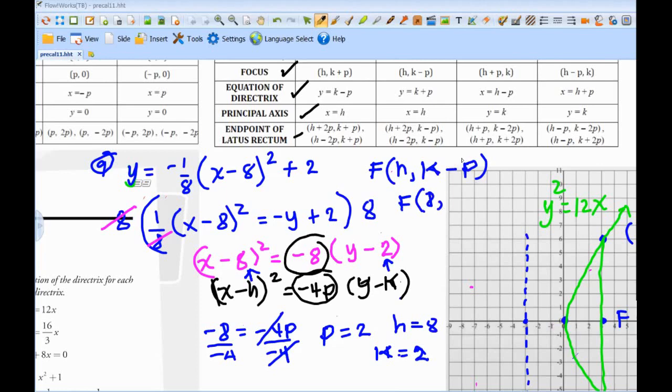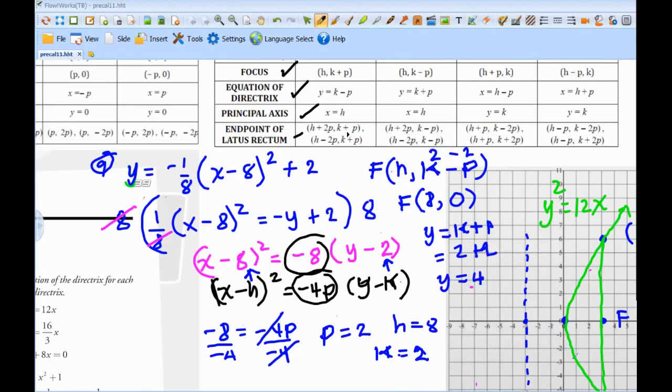What is our K? K is 2 minus P, so 0. That is our focus because K is 2 and P is 2; 2 minus 2 is 0. Now let's go to the equation of the directrix. Y equals K plus P. What is our K value? 2. What is our P? 2. So the directrix is at 4.